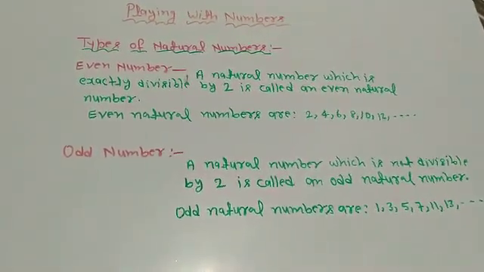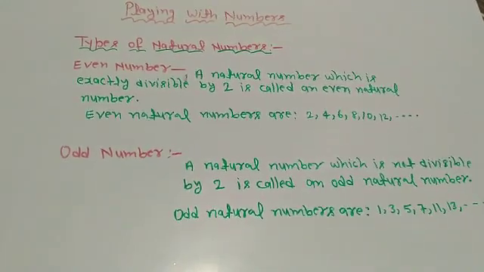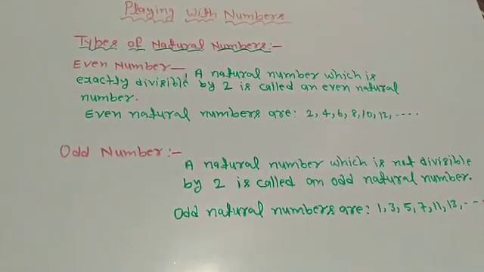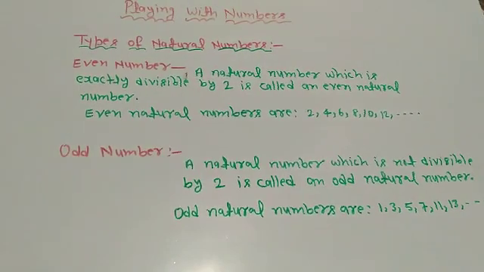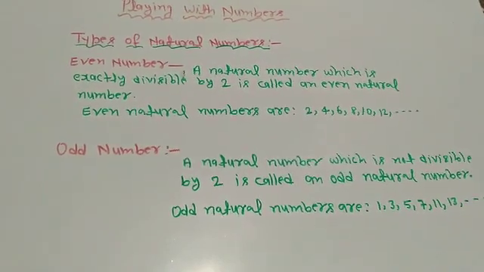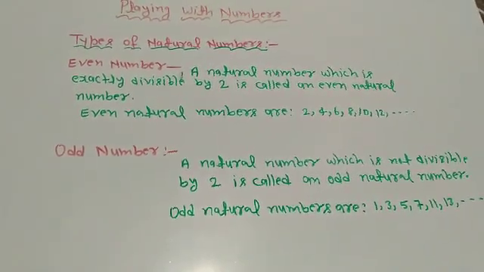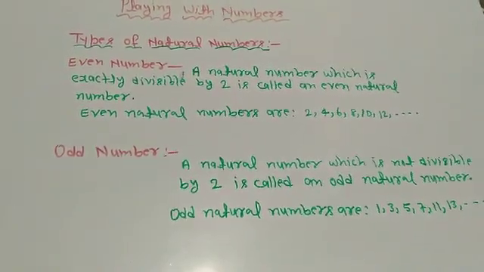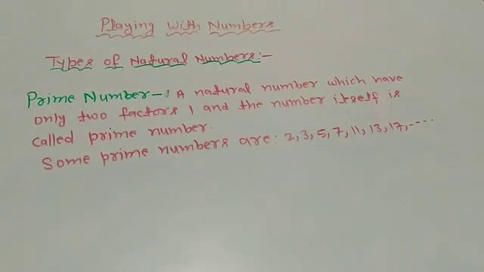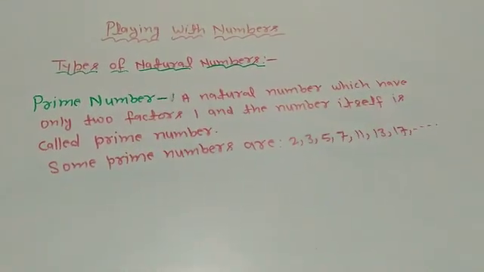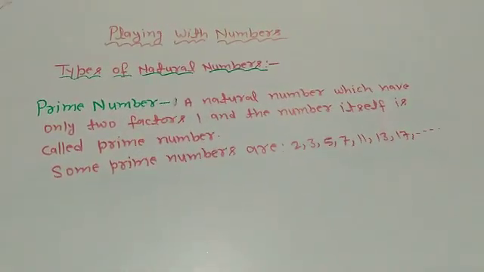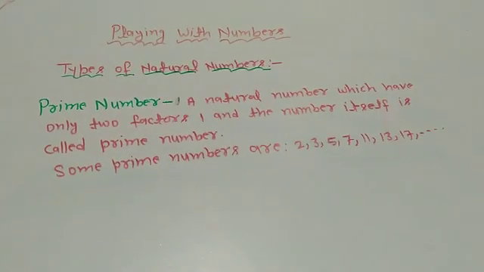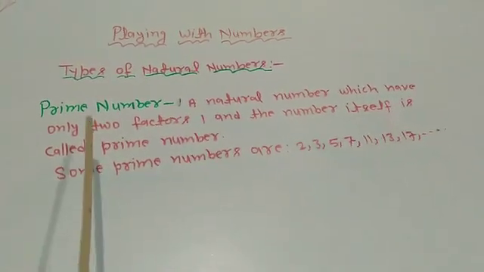Now we are going to discuss prime numbers and composite numbers. Let's see what prime numbers are. The next type of natural numbers is prime numbers.